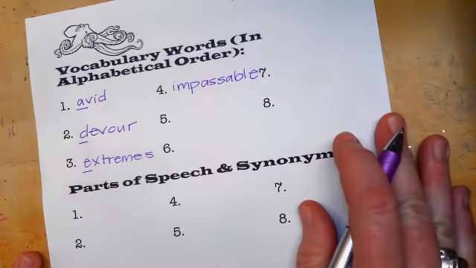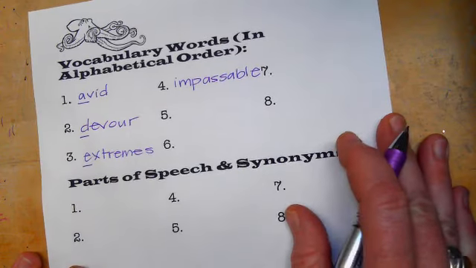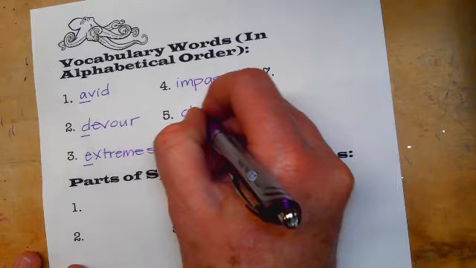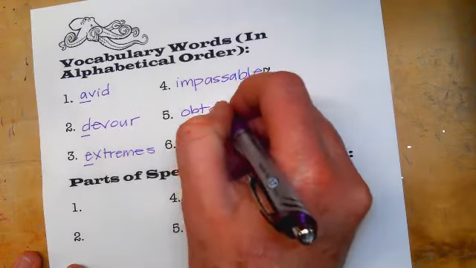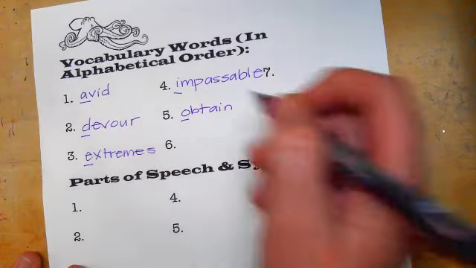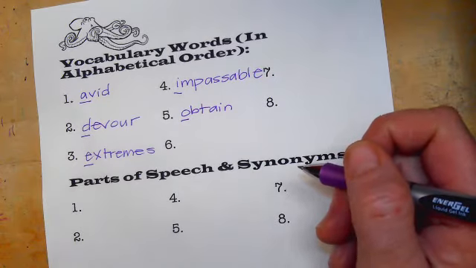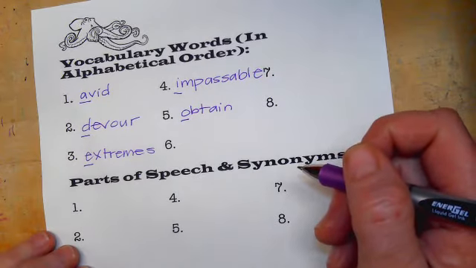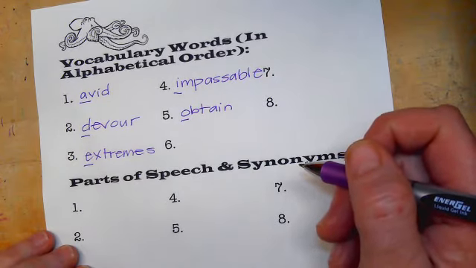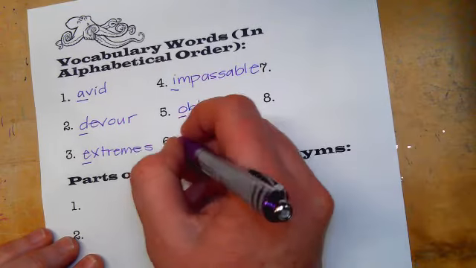And J, K, L, M, N, O, obtain. And then I have P, which is preserve, right? So I'm looking for preserve.